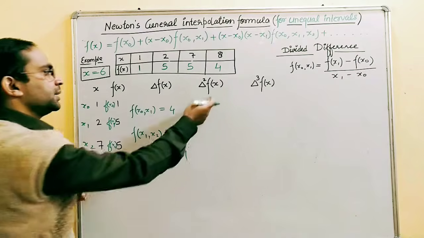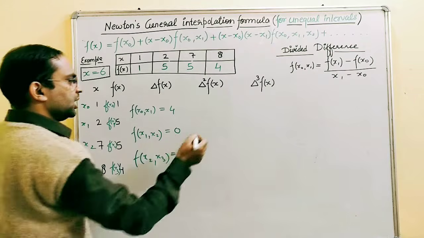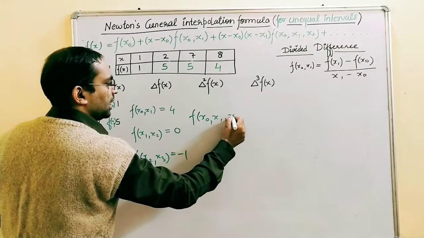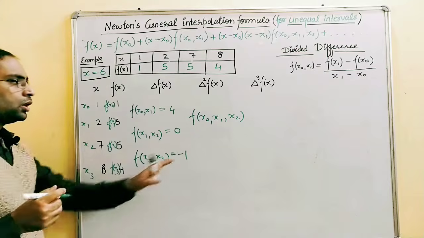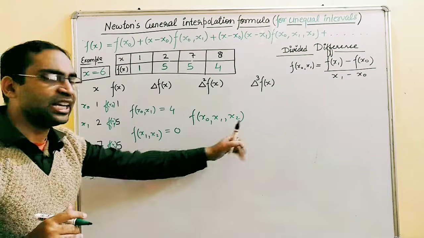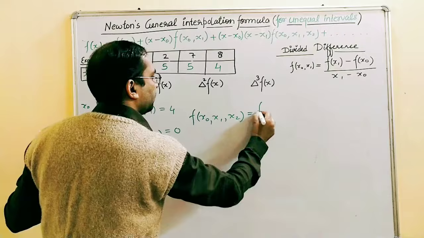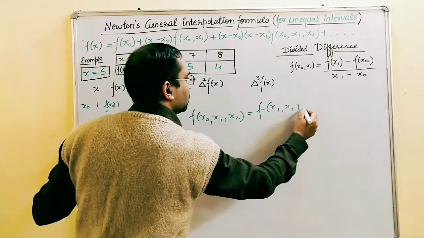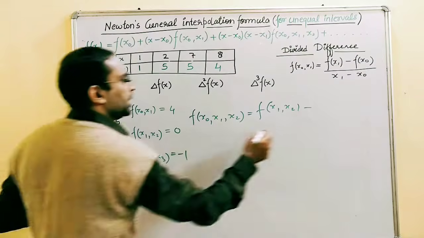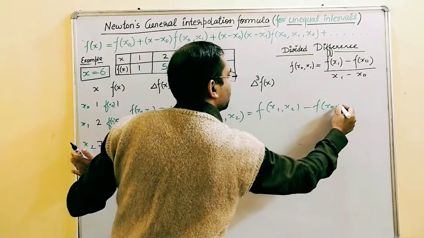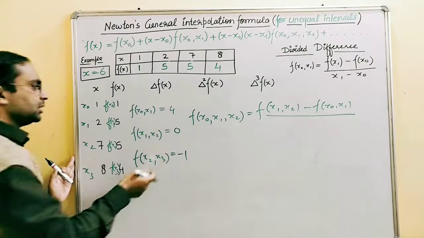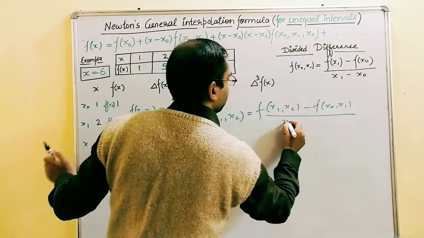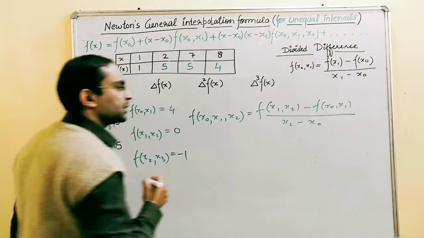Now let me calculate the second divided difference. The first one will be f of x0, x1 and x2. This will be f of x1 comma x2 minus the previous value, that is f of x0 comma x1, divided by x2 minus x0.